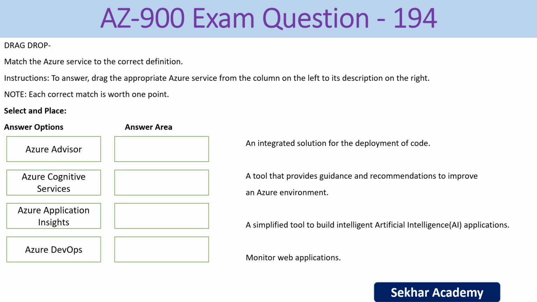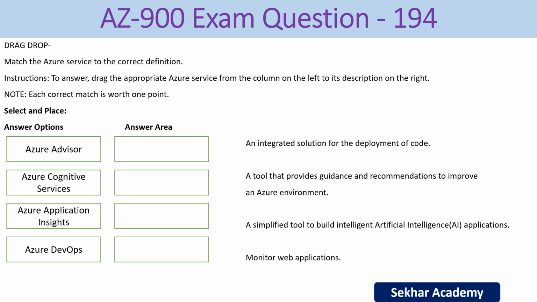AZ-900 exam question number 194. Drag and drop, match the right answer here. Match the Azure service to the correct definition. Instructions to answer: drag the appropriate Azure service from the column on the left to its description on the right. Note each correct match is worth 1 point here.